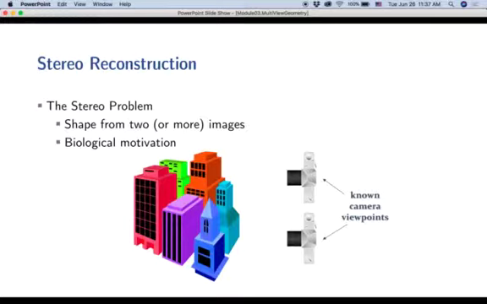So what happens if you have only one camera and you try to invert the camera model? How will you compute the depth?